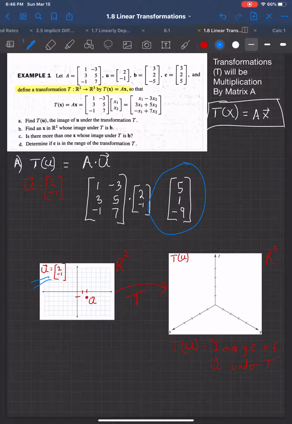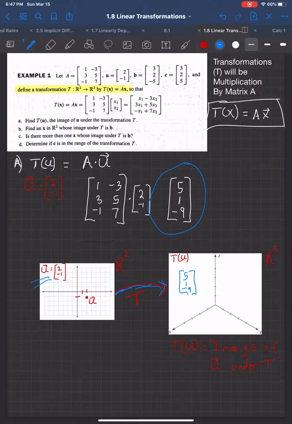It's a point on our plane. Through that multiplication by matrix A, we were able to take that point and transform it into a point in three-dimensional space, 5, 1, -9.